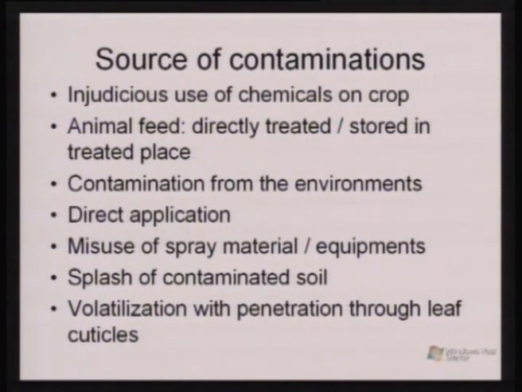Or, as I said earlier, most of the time we apply these pesticides on the crop, and the pesticides remain with the crop residues, and animals eat those residues in the form of feed. So these pesticides get stored in the body and are released slowly, time to time, because these pesticides are lipophilic in nature. They can be deposited in the fat part of the body, and from there they can be released slowly.